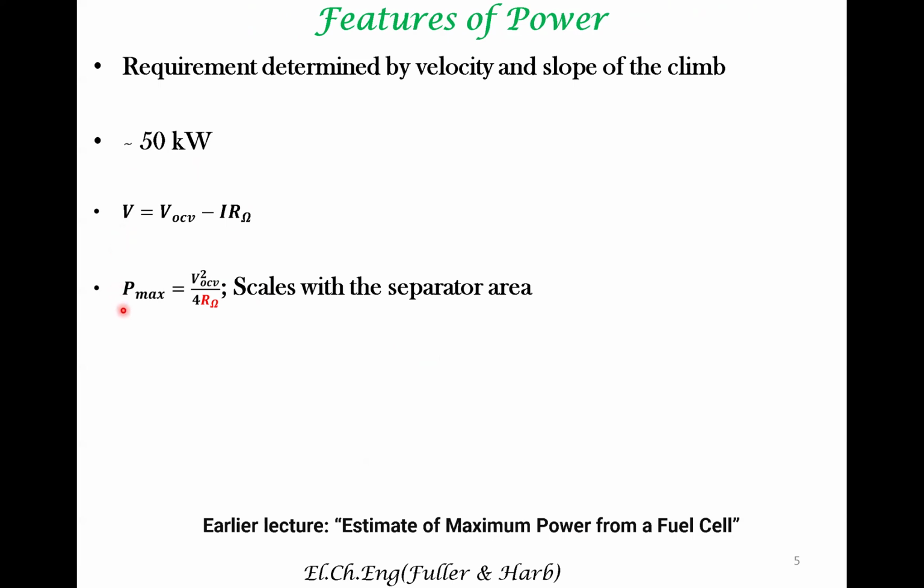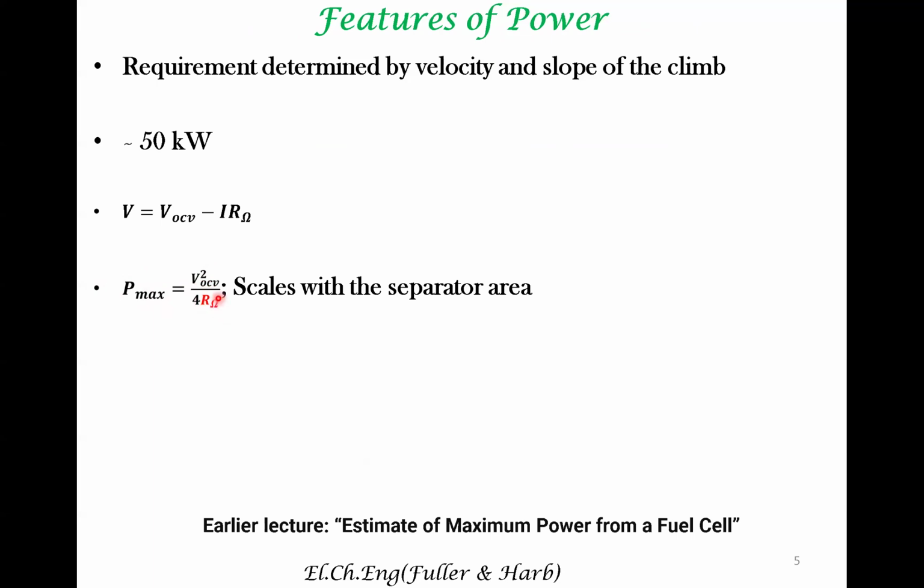It is possible to get this quantitatively with simple math. Power is V times I. You differentiate with respect to I to get the maximum in power. So the maximum power is given by the square of V_OCV divided by 4 R_omega. So if you want to increase the maximum power, you have to decrease R_omega.